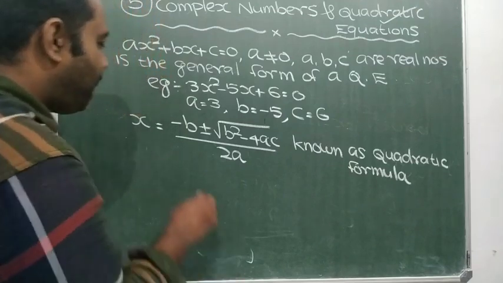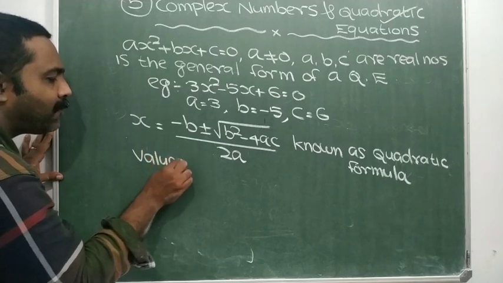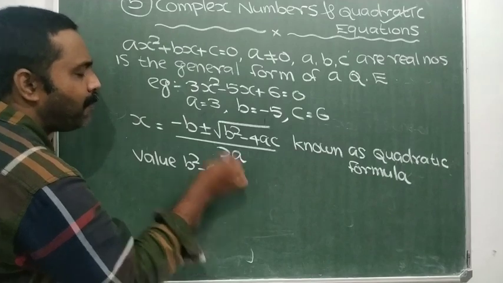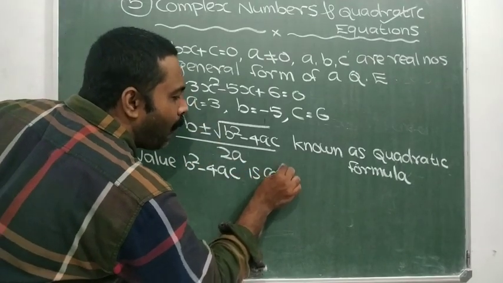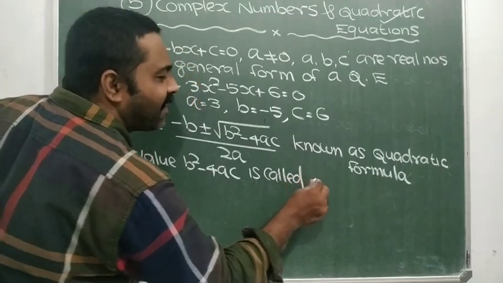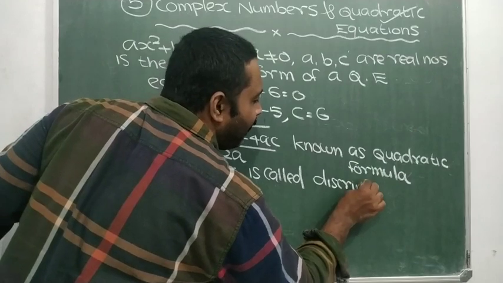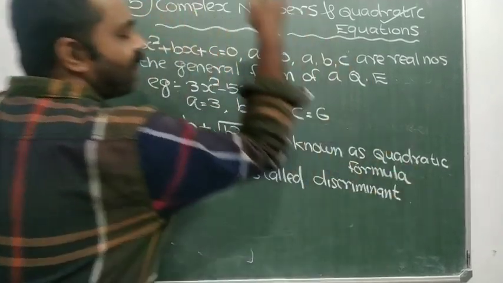Okay, the value of b square minus 4ac is called discriminant.